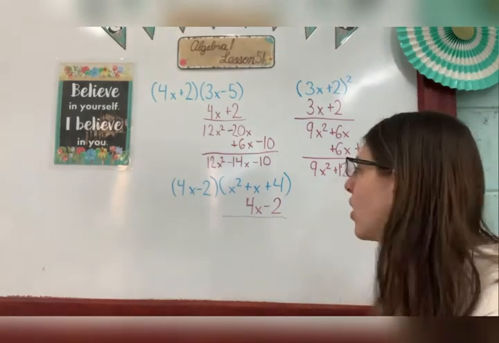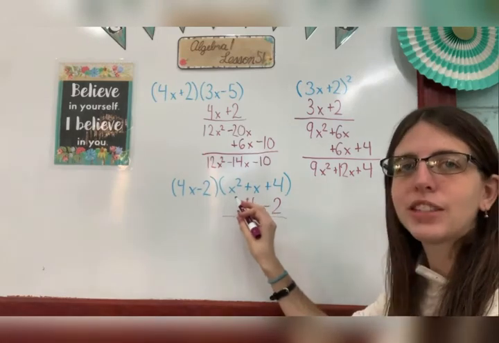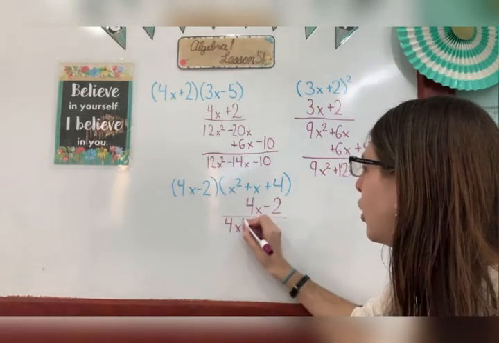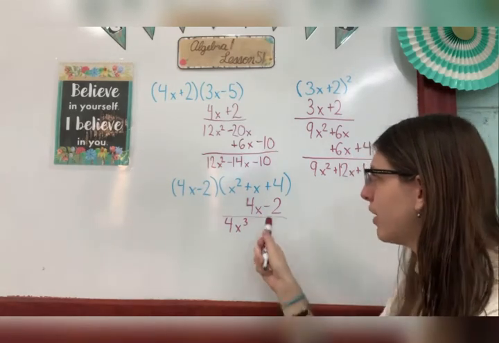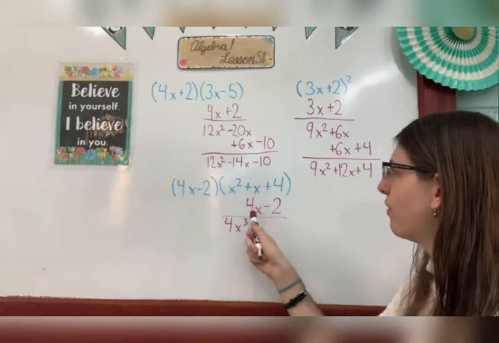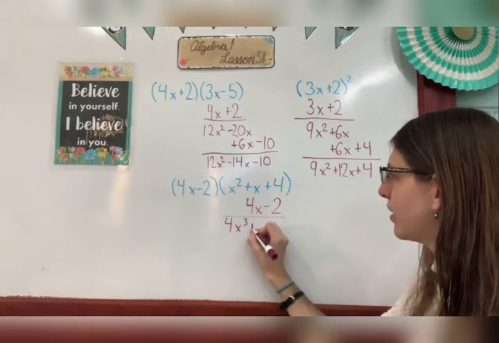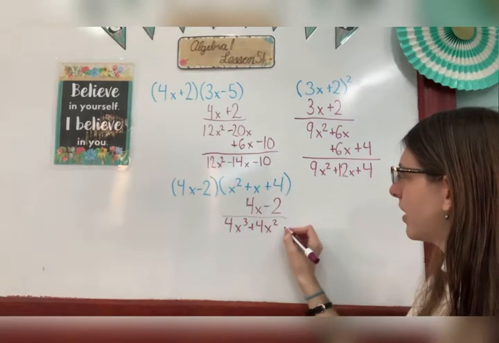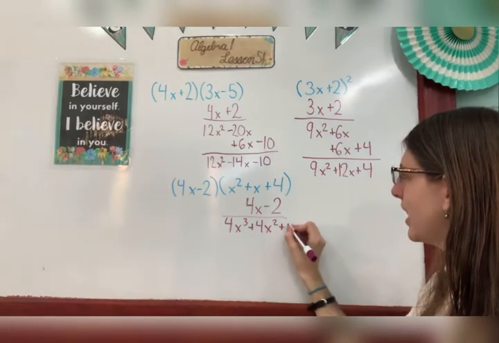That's the key. 4x times x squared is 4x cubed. Okay, you have 3 x's, so make sure that you represent that. 4x times x is 4x squared. And 4x times 4 is 16x.